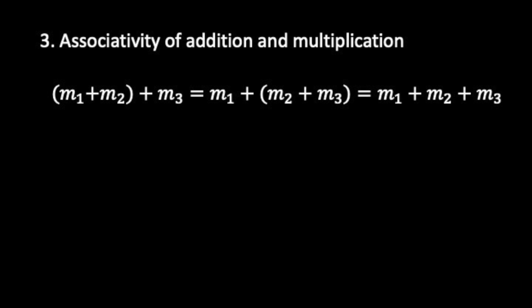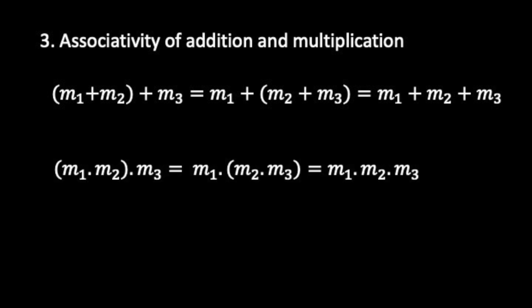We can either first add M1 plus M2, in parentheses, and then add M3 to that, or add the sum of M2 and M3 to M1. We can also simply omit the parentheses and always obtain the same result. You can verify this for yourself if you want.